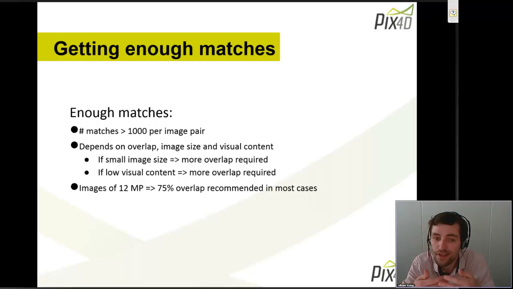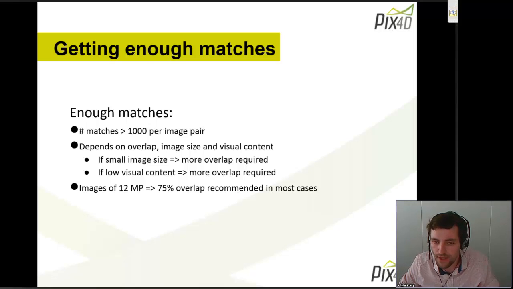And if you can only extract a few hundreds of them, it's going to be very difficult to have 1,000 matches between a pair of images, which basically means that larger megapixel will help to get more matches with a normal overlap. Or let's state it differently. If you have small image size, then more overlap is required to have a sufficient number of matches.